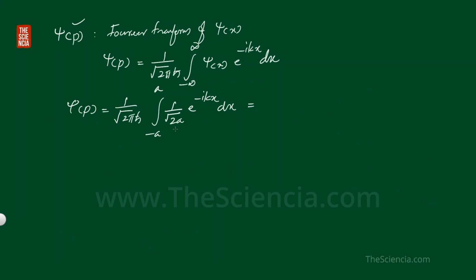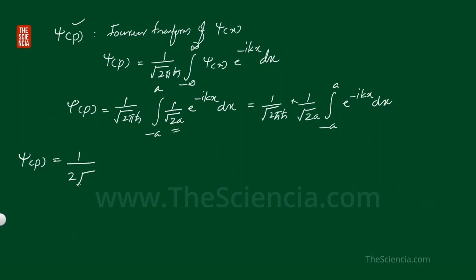That is equal to, here we can take the constant outside the integral, 1 by root 2 pi h cross into 1 by root 2a, integral minus a to a e raised to minus ikx dx. That is, psi of p is equal to 1 by 2 into root pi h cross a into, now we can take the integral of this function, e raised to minus ikx by minus ik, with limits minus a to a.